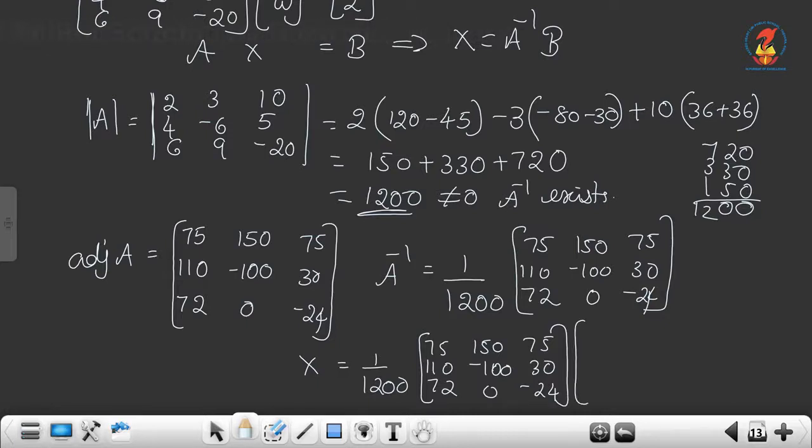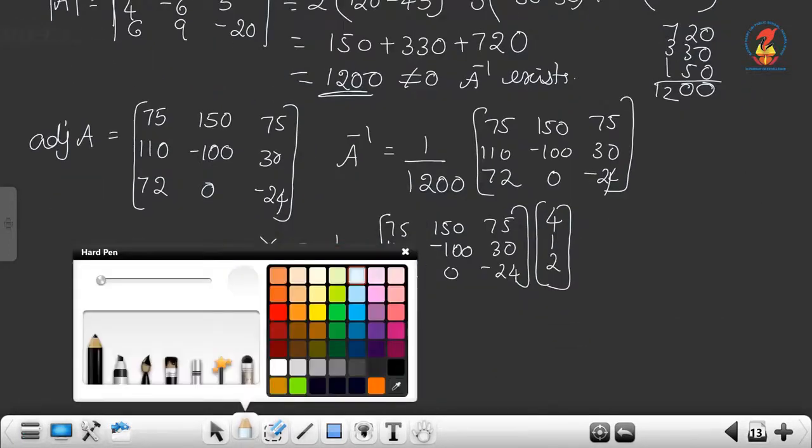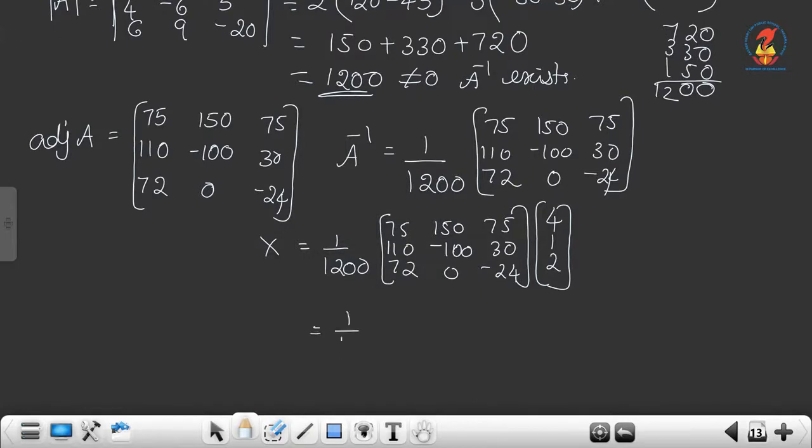B is given as [4, 1, 2]. Now we have to multiply, then divide. So 1 by 1200 of 75 into 4 is 300, 300 plus 150 plus 150.